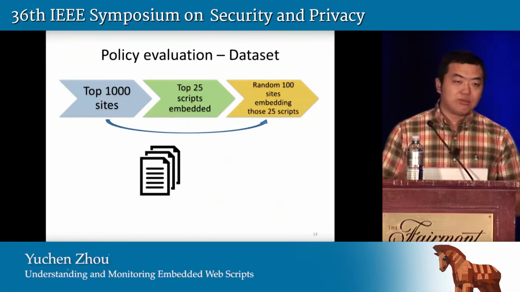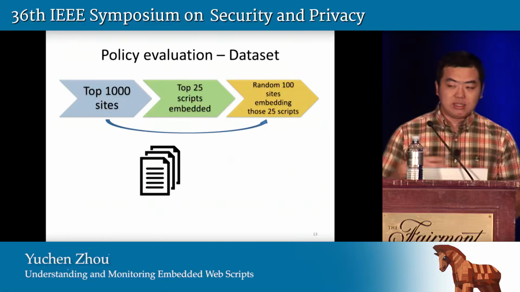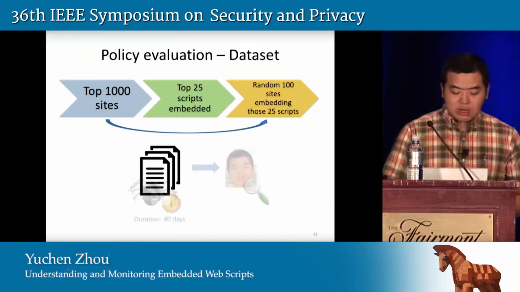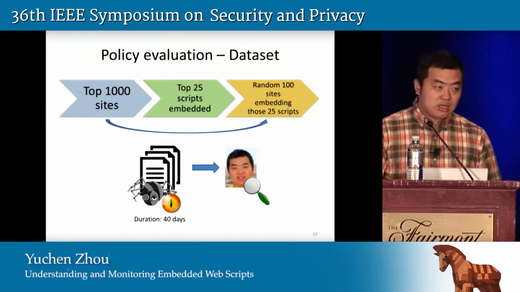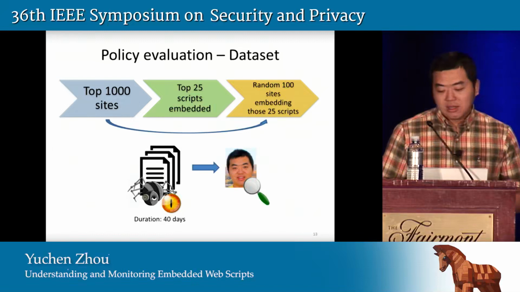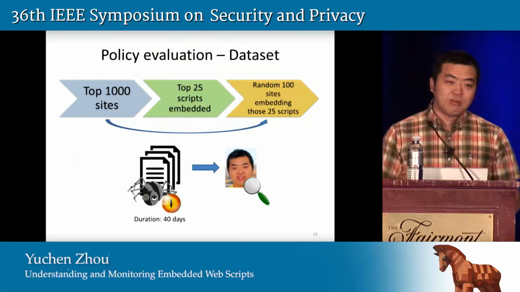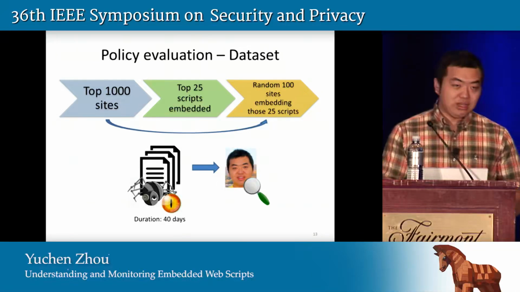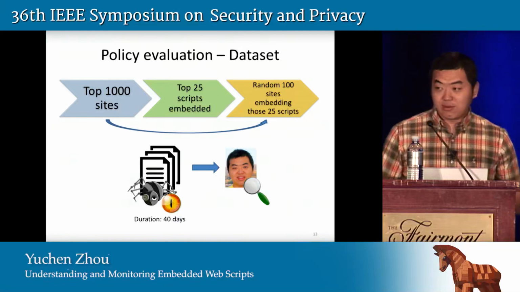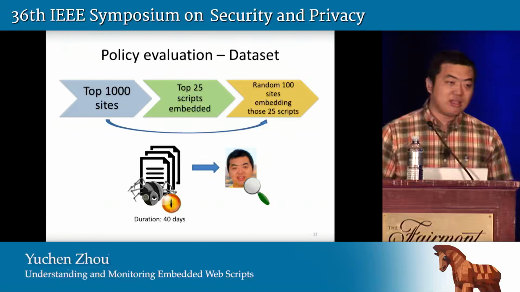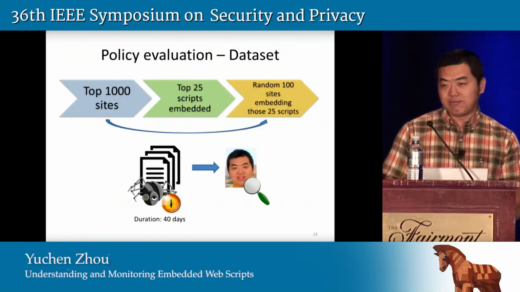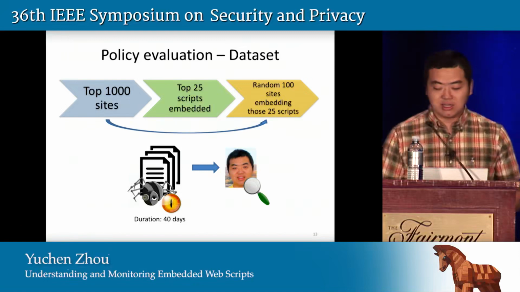So this left us with basically a list of sites and lots of pages within the site. So here we used a crawler that runs Script Inspector for a duration of 40 days. And then whenever an alarm is raised, this would be inspected by me. I'm acting as a site administrator for these 100 sites.